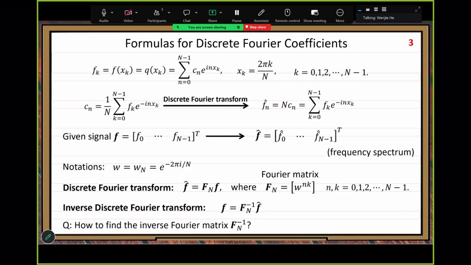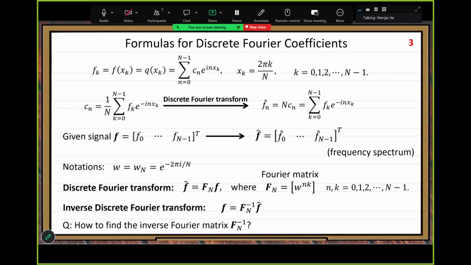So we put the function values of the N data points in a vector. Column vector, transpose. When we write a vector, if we use the row vector to write it, we can save a lot of space. That's the main reason. But our default vector is a column vector, right? So here we use the transpose. So it's a column vector. All right.